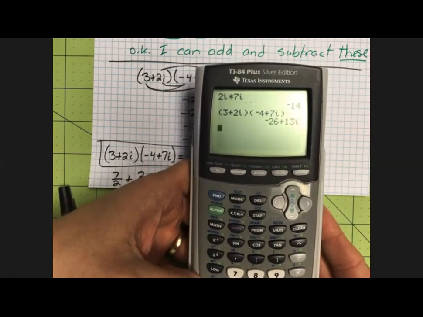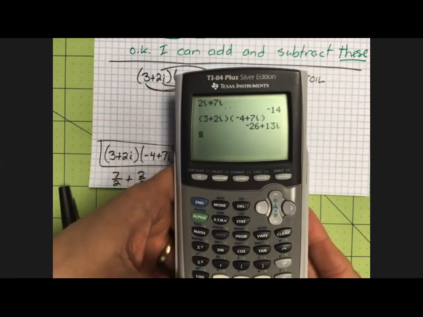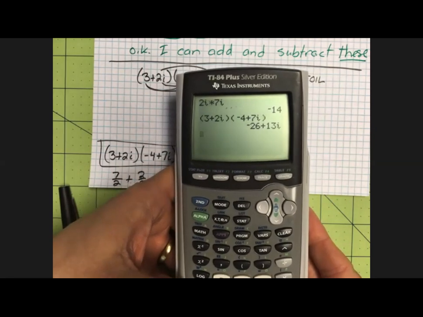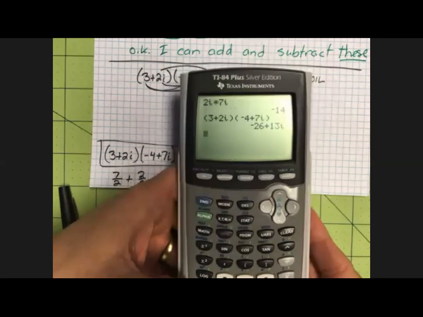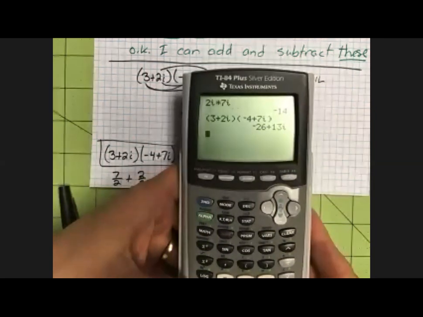Calculator didn't even blink. It just said negative 26 plus 13i. The calculator foiled it out immediately and gathered together the like terms and wrote the answer properly.